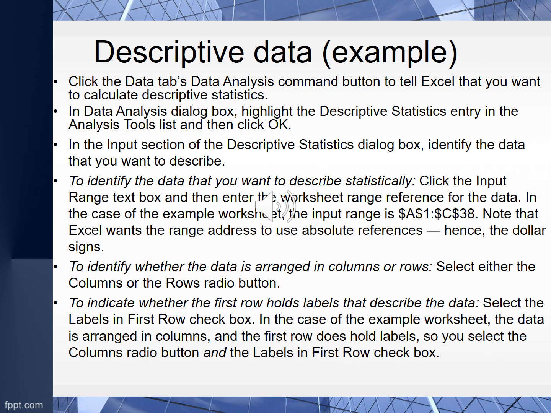To identify whether the data is arranged in columns or rows, select either the Columns or Rows radio button and indicate whether the first row holds the label that describes the data. Select the Labels in First Row checkbox. In the case of the example worksheet, the data is arranged in columns and the first row does hold labels, so you would select the Columns radio button and the Labels in First Row checkbox.